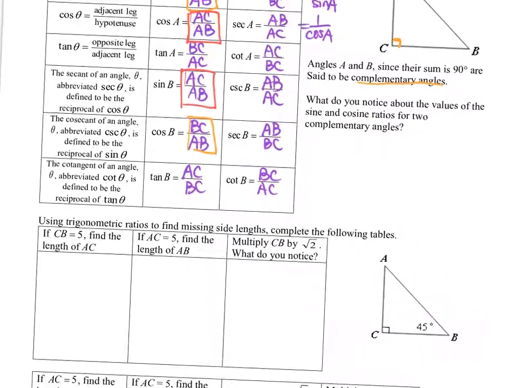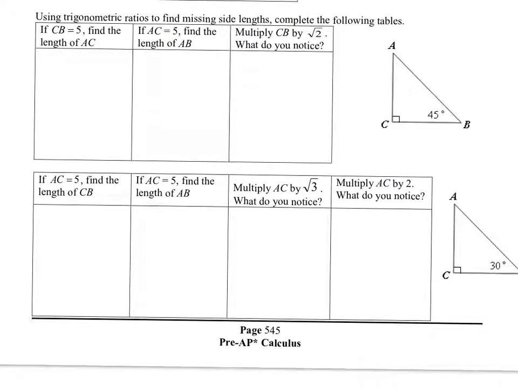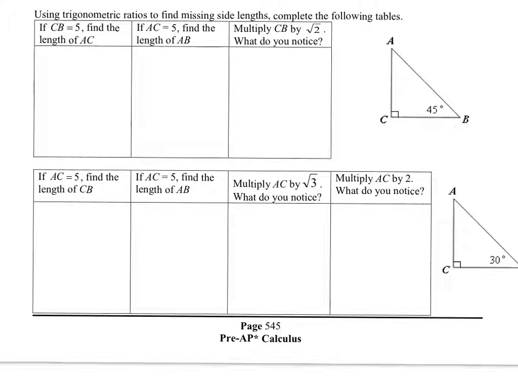Now let's look at the bottom half of this page. It says, use trigonometry ratios to find the missing side length and complete the tables. Here we're told that angle C is 90 degrees, angle B is 45, CB is 5, and we're asked to find the length of AC.